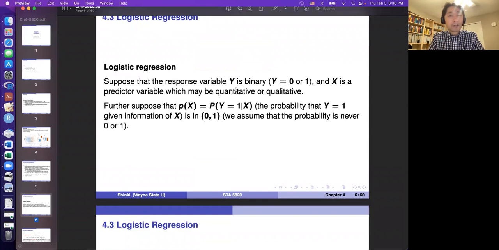We define the probability of Y equal to 1 given X as P of X. For example, if X is the balance of debt, then Y equal to 1 is in default and 0 is not in default. As balance is larger, the probability of default is larger. So P of 1,000 is maybe only 1%, but P of 2,000 maybe 3%, P of 3,000 maybe 6%, and so on.